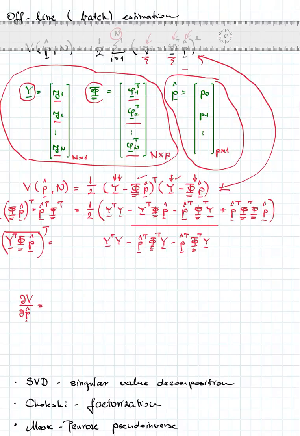I copy the first element, I take the half of it, plus p transpose phi transpose phi and p hat. So these two elements are exactly the same. I put a line here because on the left I just put some remarks if someone doesn't know this.